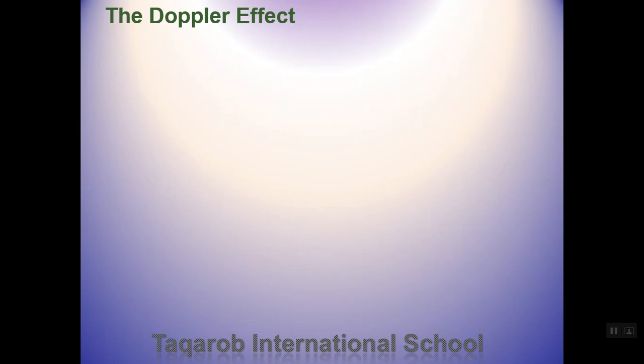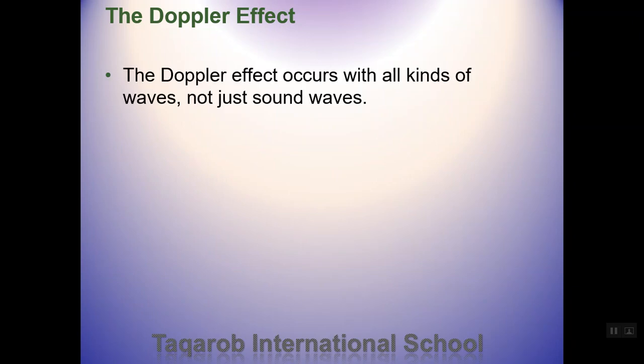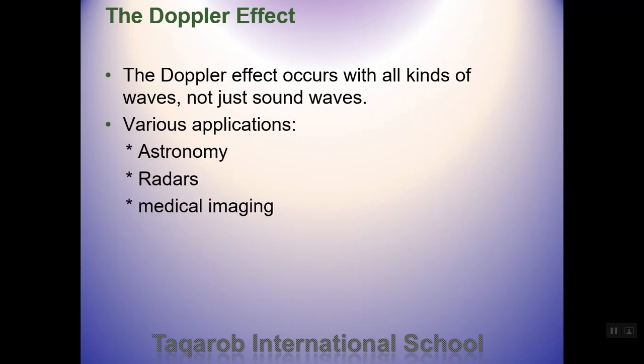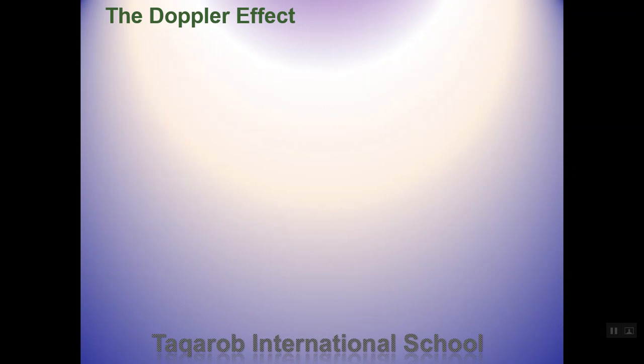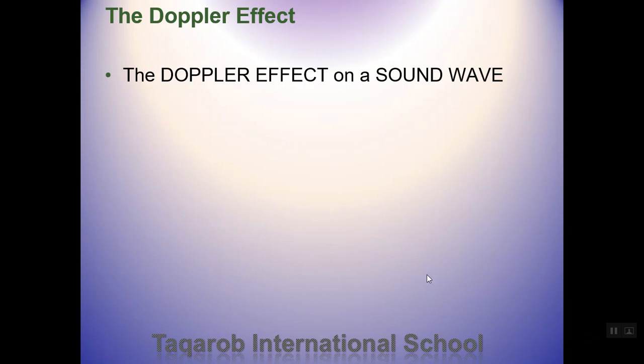The Doppler effect occurs with all kinds of waves, not just sound waves, and it's used in various applications such as astronomy, radars, medical imaging, and satellite communications. In this lesson, we will study the Doppler effect on sound waves only.